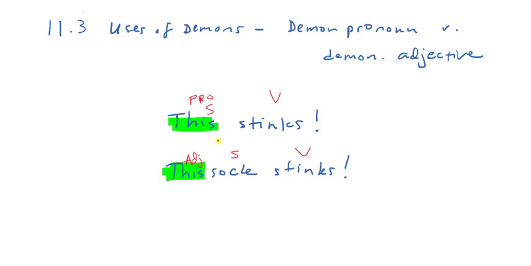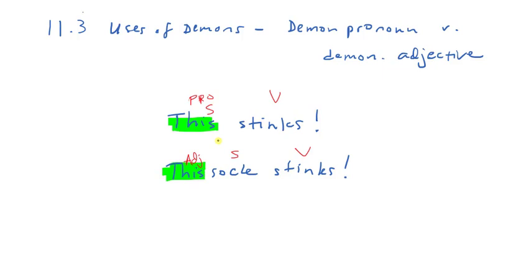When I have a demonstrative word functioning as an adjective, it will accompany a noun that it agrees with in gender and number. And notice this accompanies a noun, sock. This is singular and sock is singular, right?